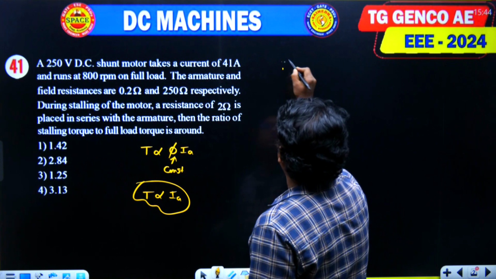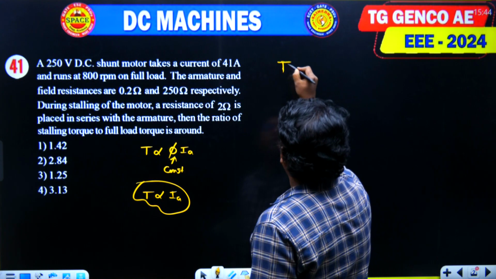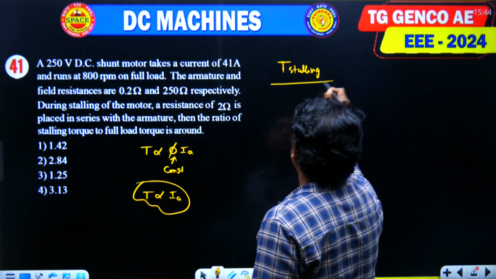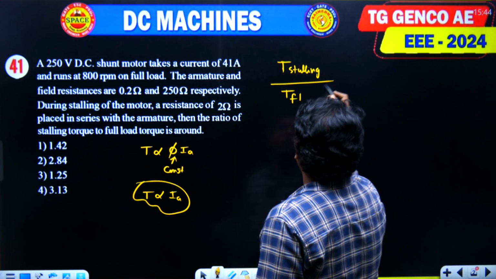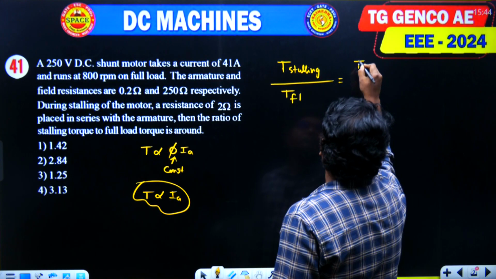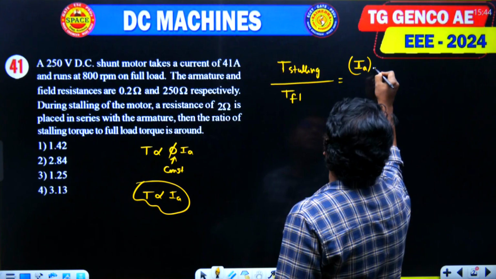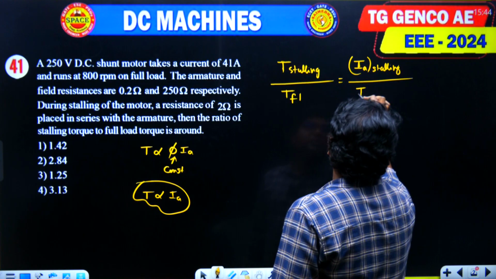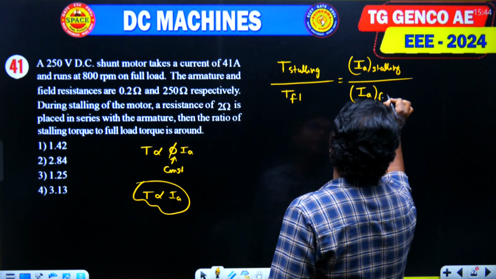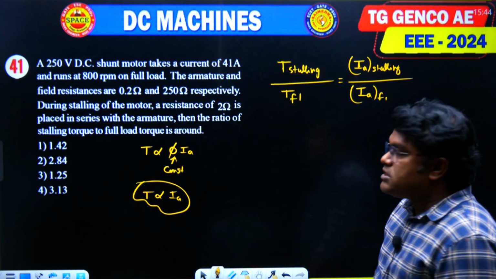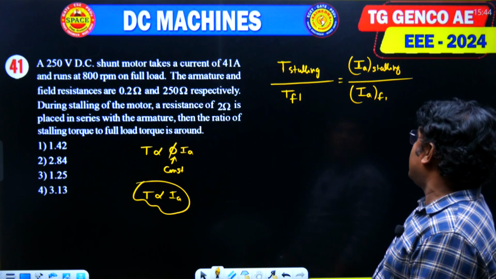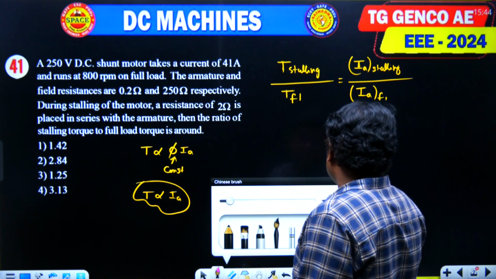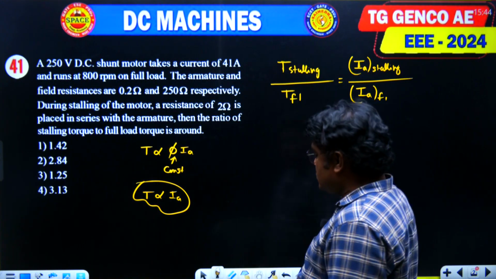So how do we get it? The stalling torque divided by the full load torque of the motor, T_stalling by T_FL, is equal to the armature current under stalling condition divided by the armature current under the full loaded condition. So we require the armature current under both conditions. How do we get these two?